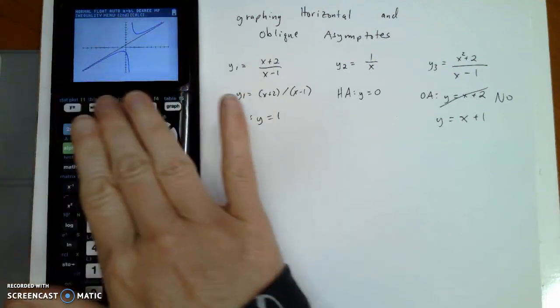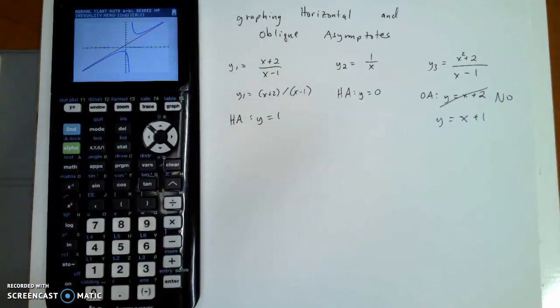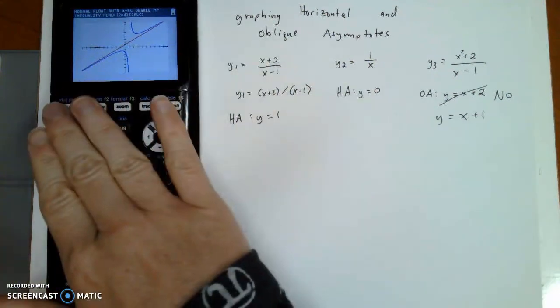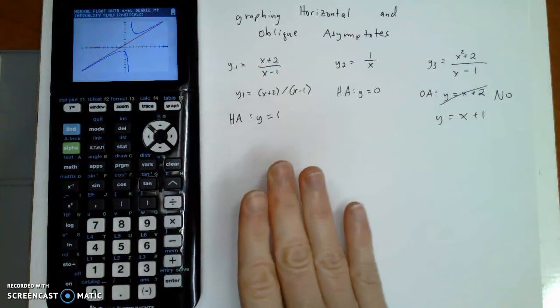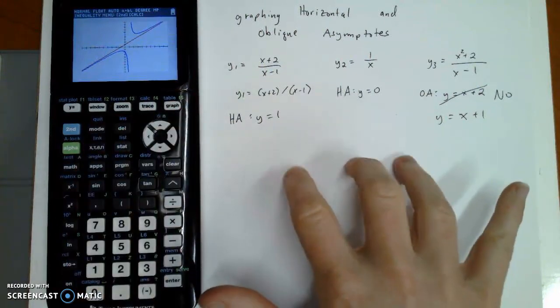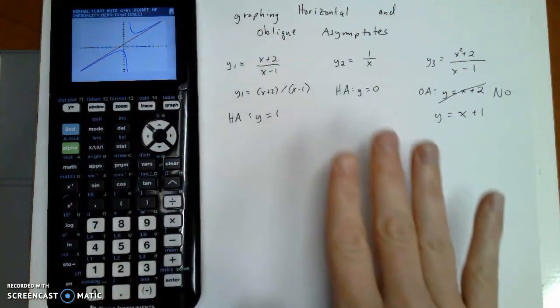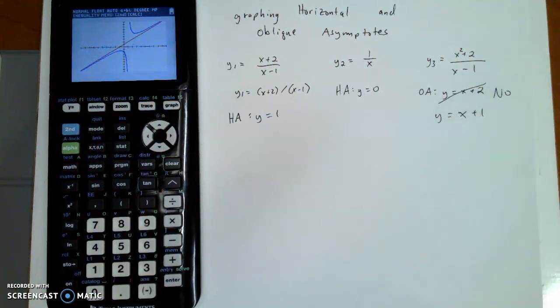But if we do get the window such that I can see both pieces, then once I get that graph, I should still be able to look at that and say, yes, that is getting closer and closer, as I expect it to. That is what an asymptote is supposed to look like. So again, I'm using the calculator more to check my algebra work than I am to actually find these with the calculator.